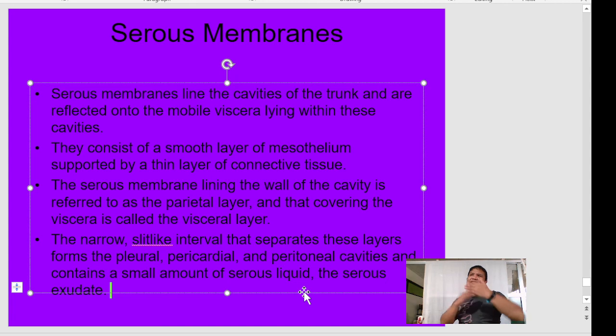In between the two layers of the serous membrane is serous fluid. The purpose of that fluid is to lubricate so they do not stick together. At the same time it acts like a sealant.